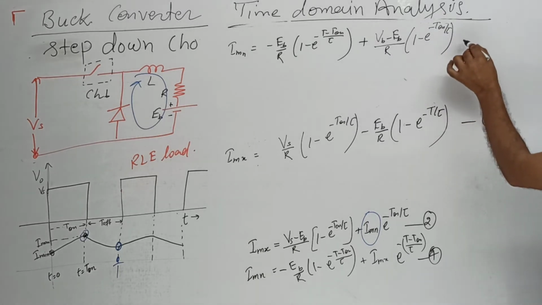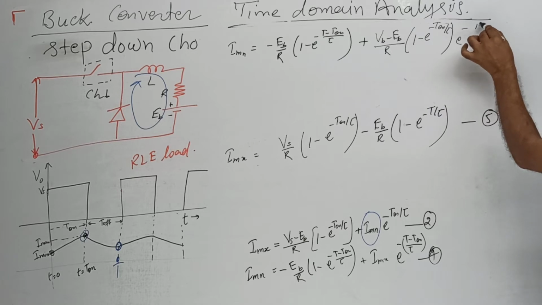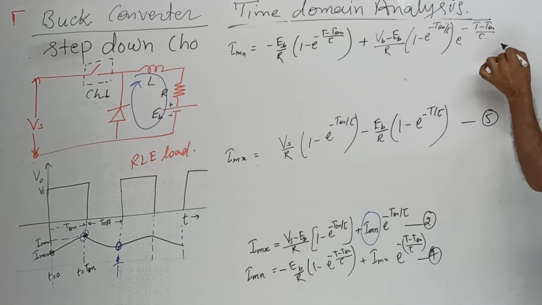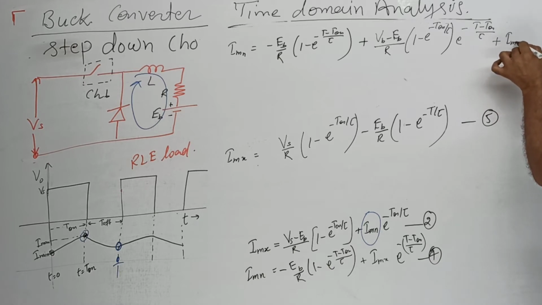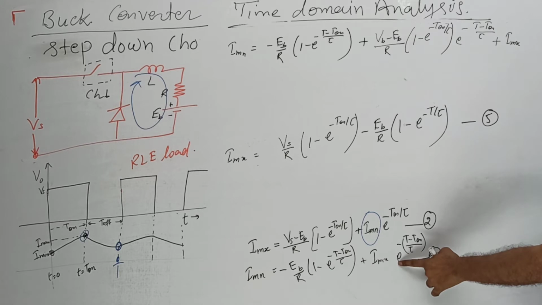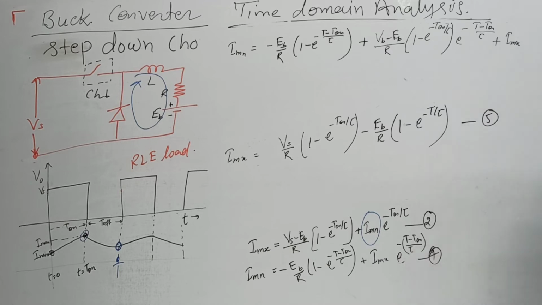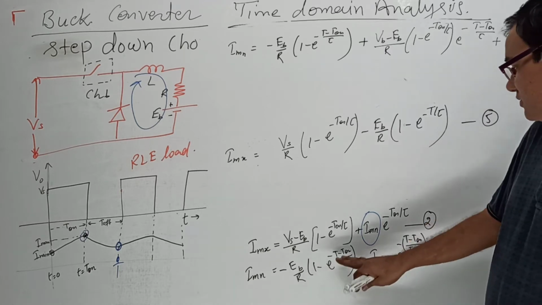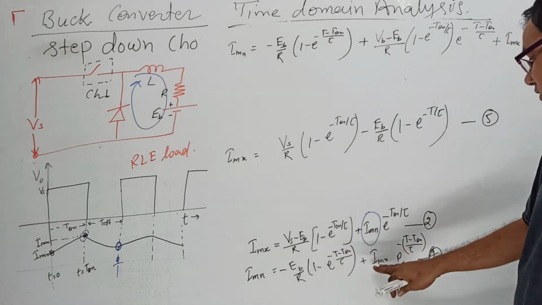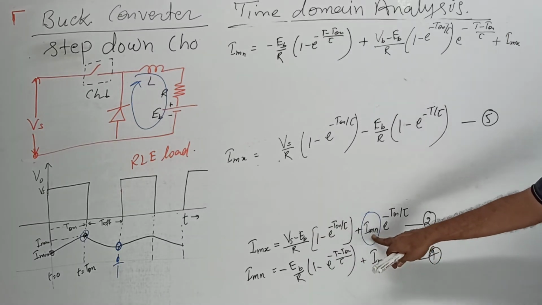Into e raised to power minus T on upon tau, plus Imn. This was Imx, so it was this, and so it was Imn, not Imx.